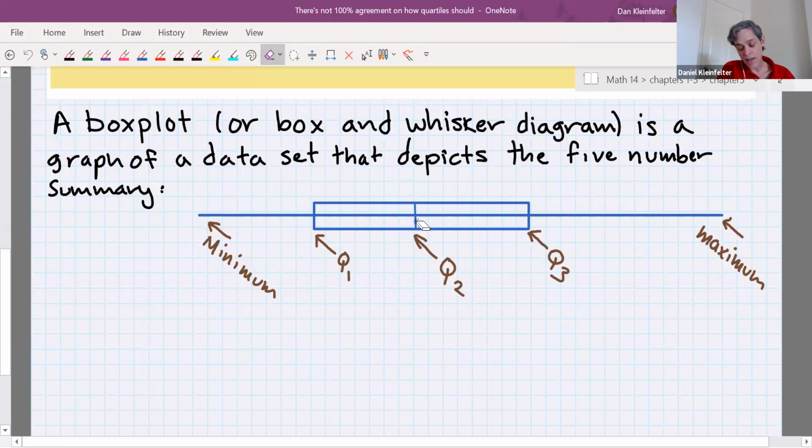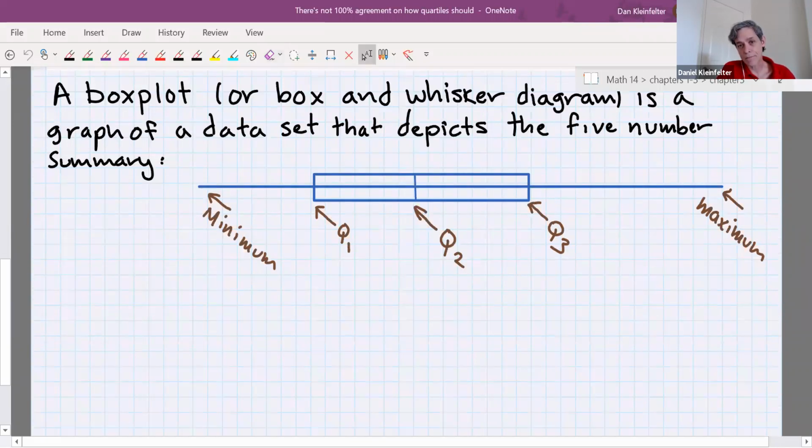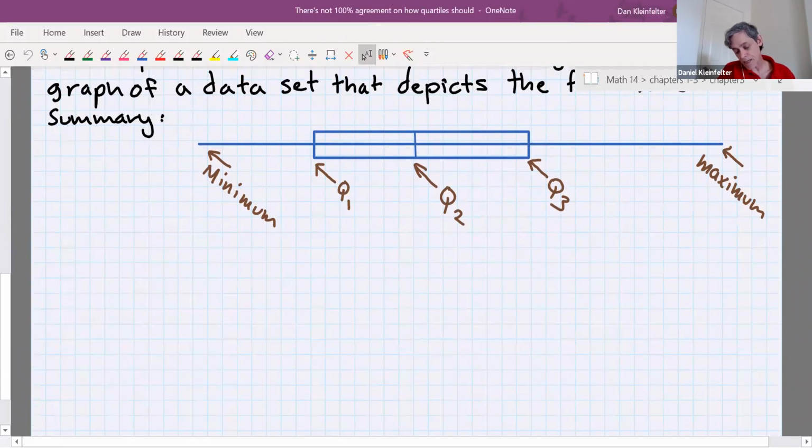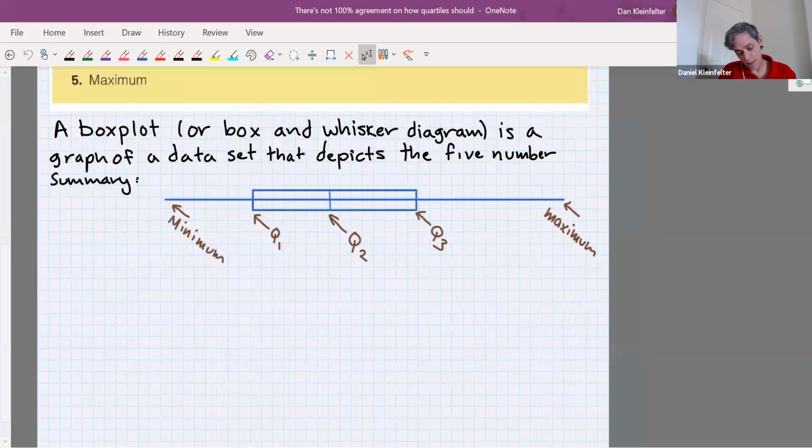Then there's a vertical line at Q2. You could think of it as a special number line. It starts at the minimum of the data, ends at the maximum, and there's a box that extends from Q1 to Q3, with Q2 marked on the box itself. So that is a box plot, also known as a box and whisker diagram.